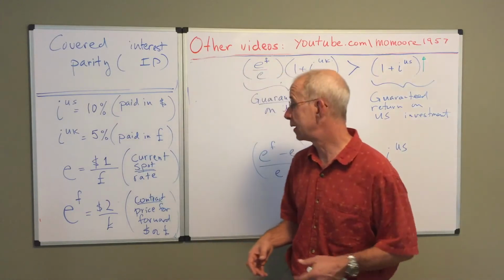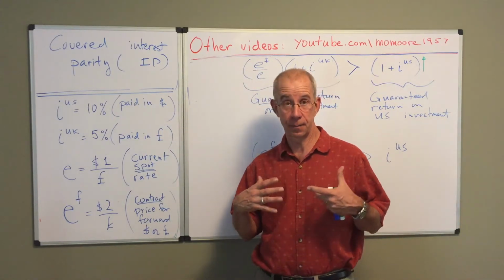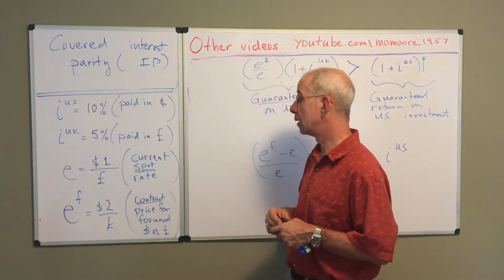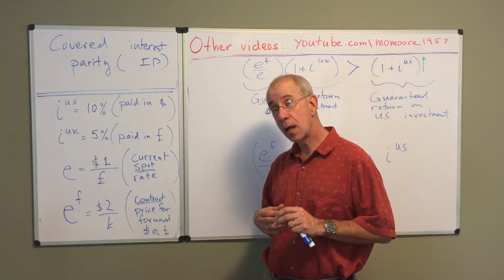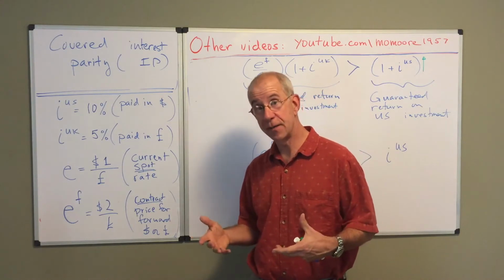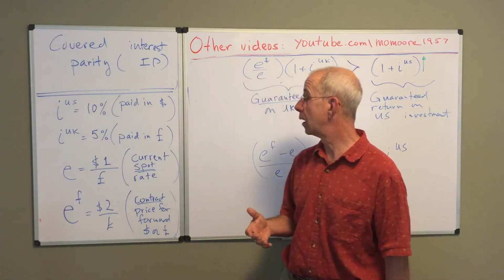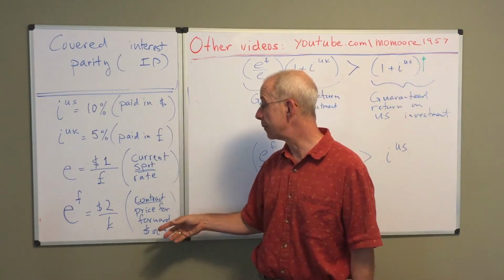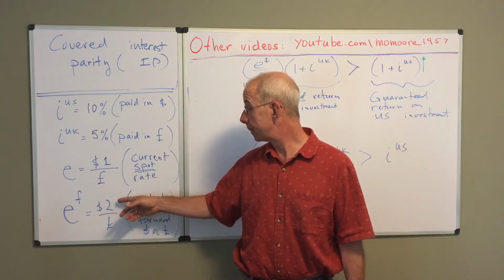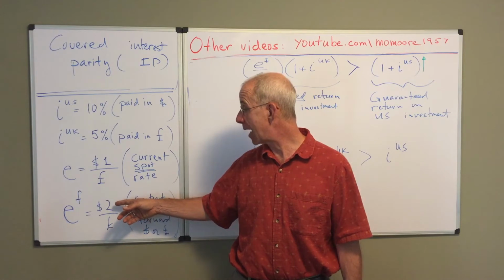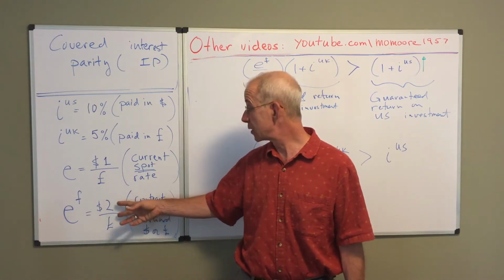Now, that's another way of saying that banks believe that the dollar will depreciate in value over this time frame, and so their willingness to buy pounds or dollars is going to reflect that.